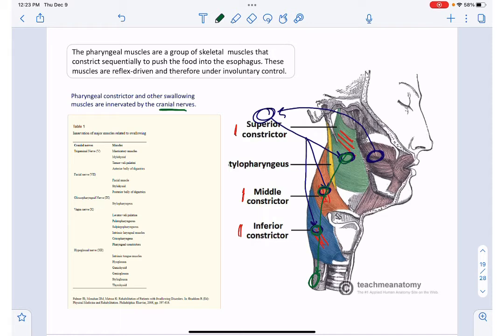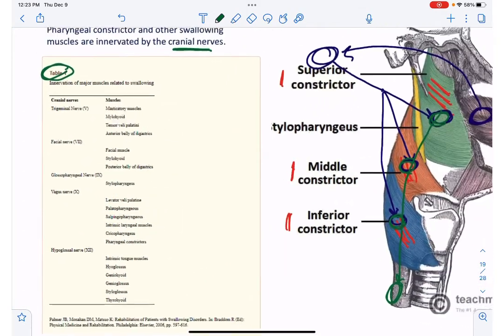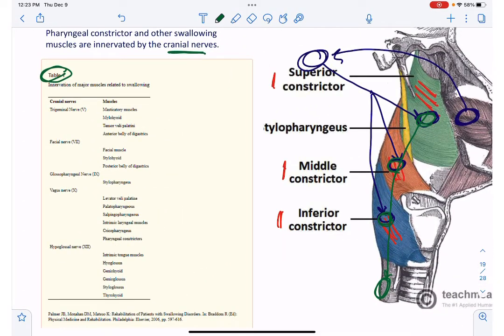So this table here, table 1, these are the major muscles related to swallowing and also the cranial nerves that control them. So like I said, there's a whole host of different muscles, skeletal muscles that are involved in the swallowing reflex.